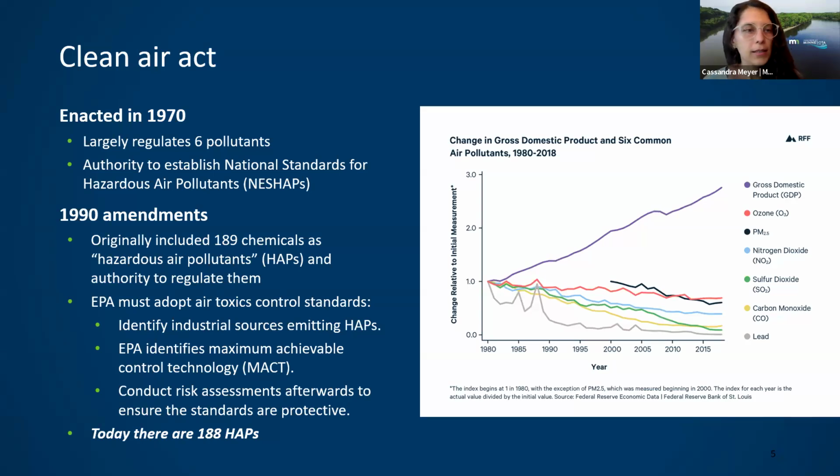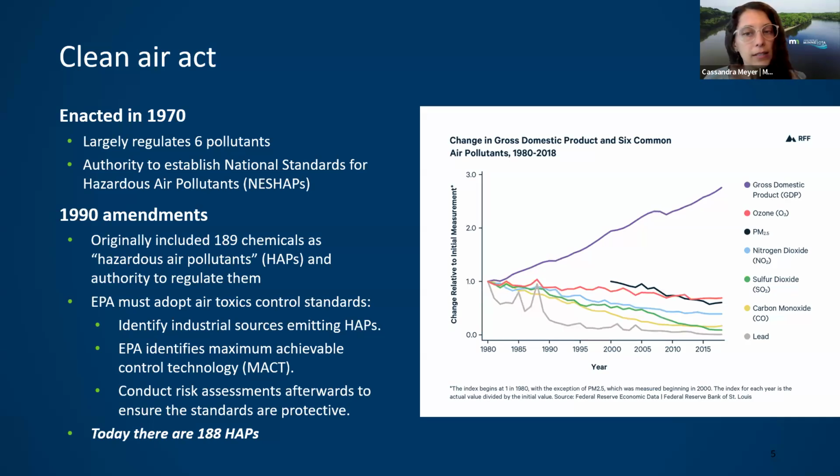Sources can include combustion, wildfires, transportation, solvents, and others. For some context of where we do already have authority on those 188 hazardous air pollutants, or HAPs, this comes from, as I mentioned earlier, the Clean Air Act. We'll go through a very high-level overview here of that. It's not exhaustive, but the Clean Air Act was enacted in 1970. It provides the authority on the federal level to regulate air pollution.